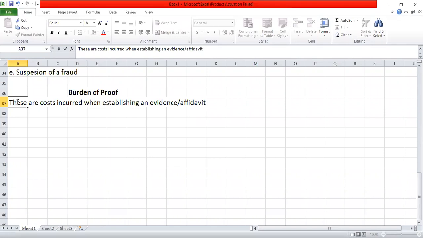The costs incurred during establishing evidence are what we call the burden of proof.